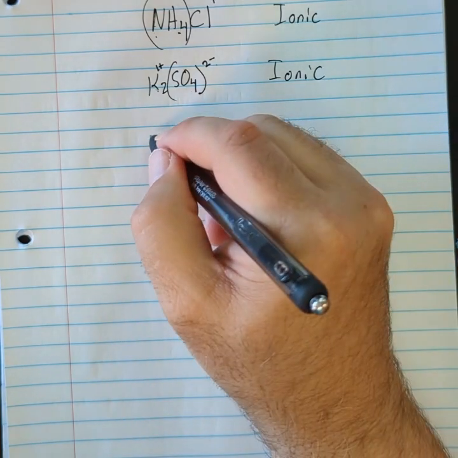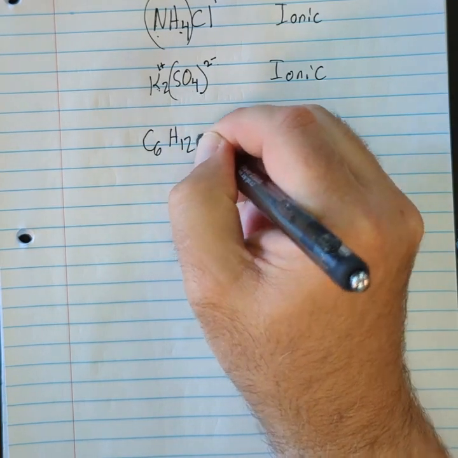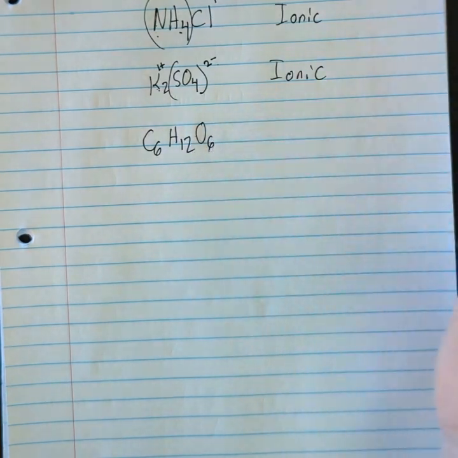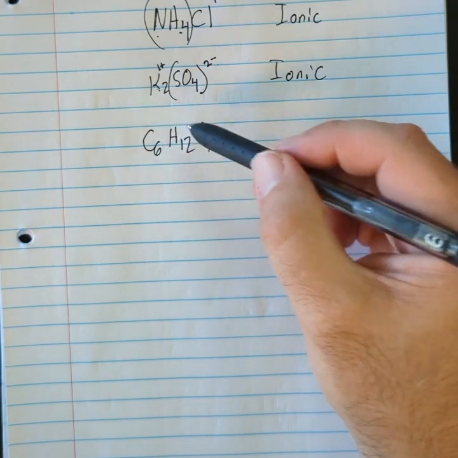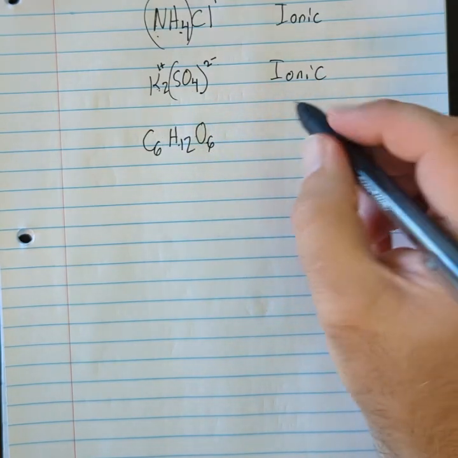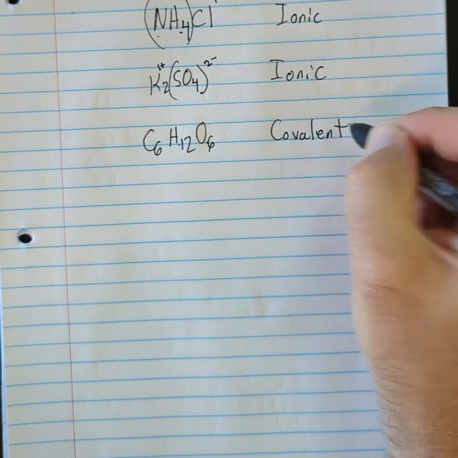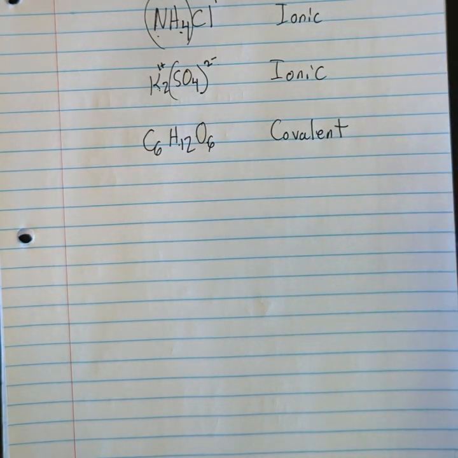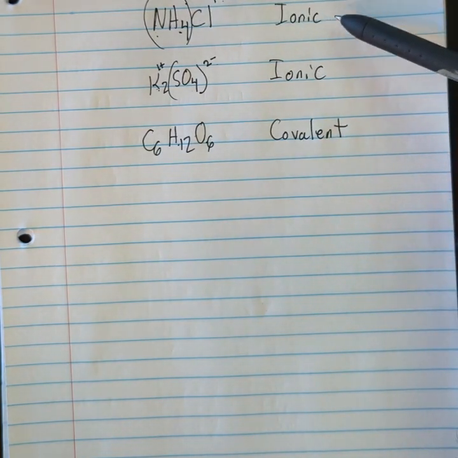All right. If we have C6H12O6, then we have a nonmetal, nonmetal, and a nonmetal. So this is most likely a covalent compound. If you have a positive and a negative, it's probably ionic.